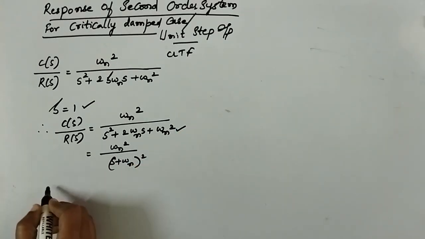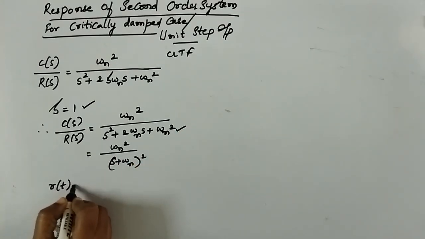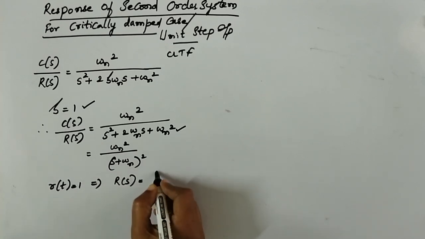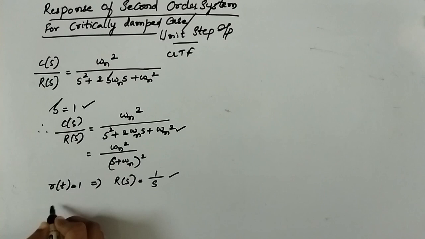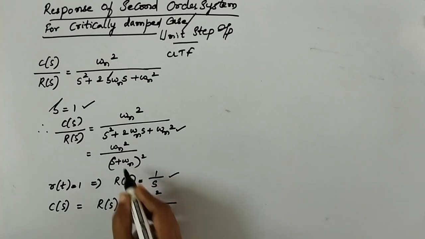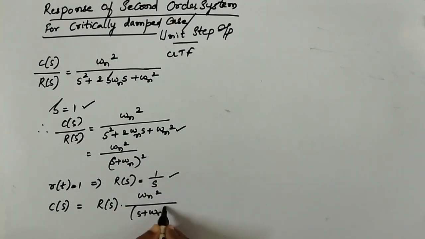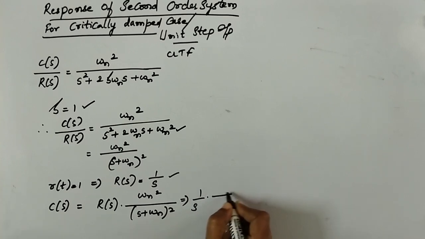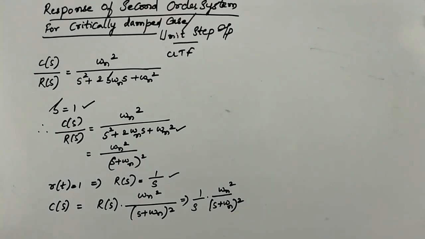Now, talking about unit step, r(t) = 1, that is nothing but R(s) = 1/s. The response in s domain, C(s) is equal to R(s) into omega n square / (s + omega n) whole square, where R(s) is 1/s, so 1/s into omega n square / (s + omega n) whole square.